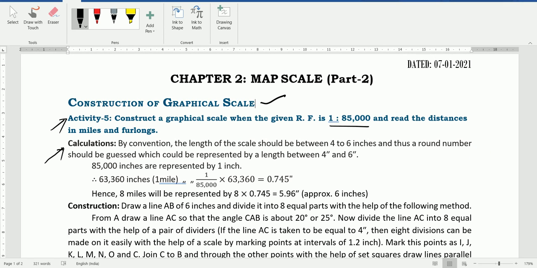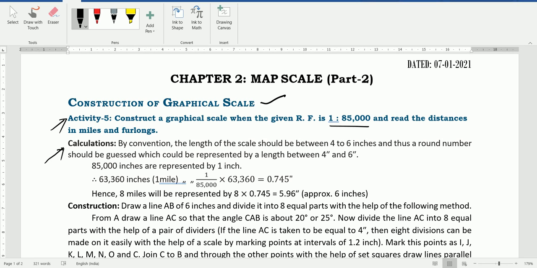By convention, the length of the scale should be between 4 to 6 inches, and thus a round number should be gauged, which could be represented by a length between 4 inches and 6 inches.